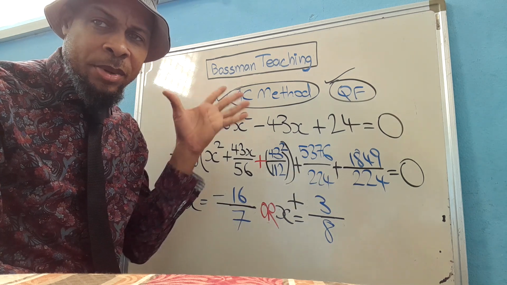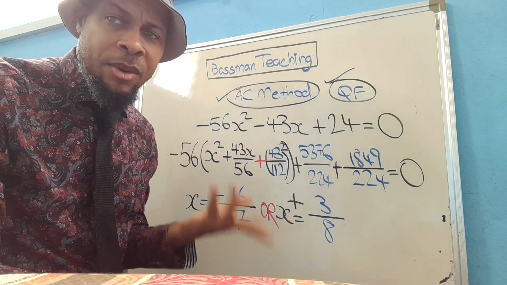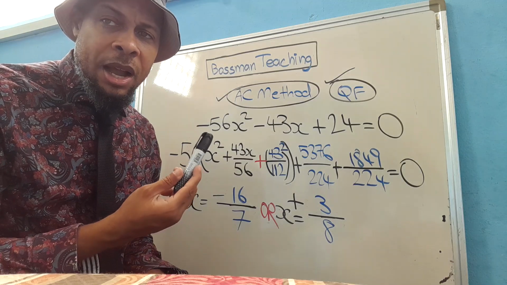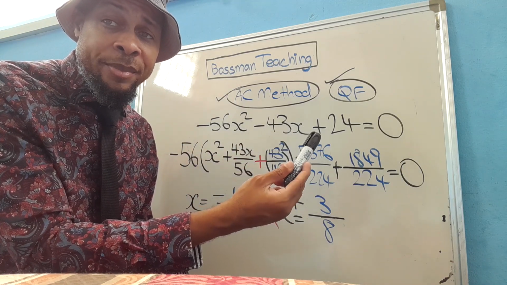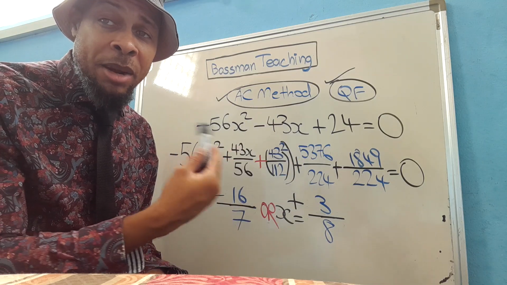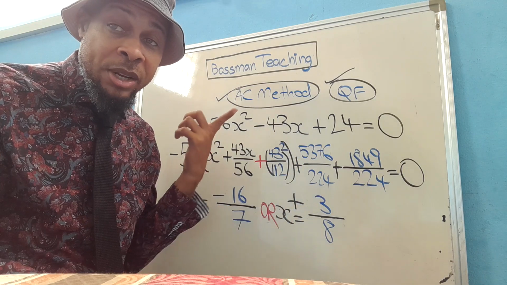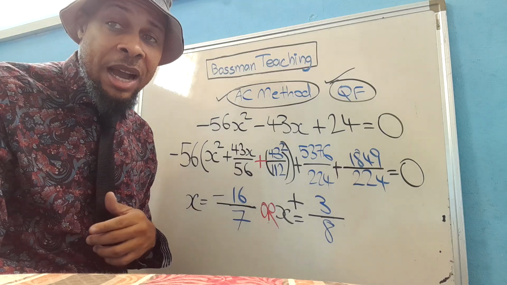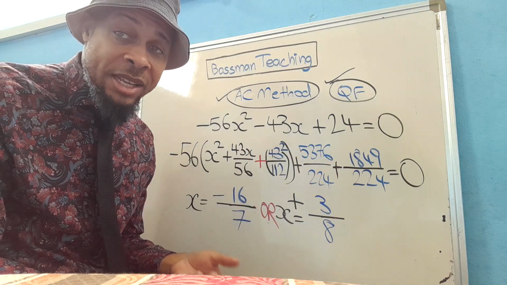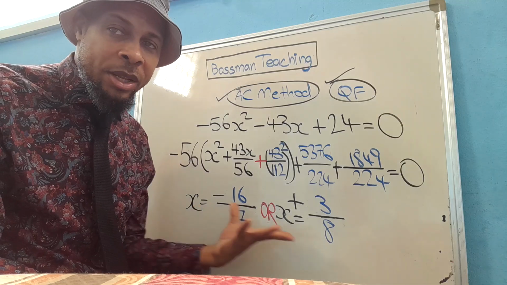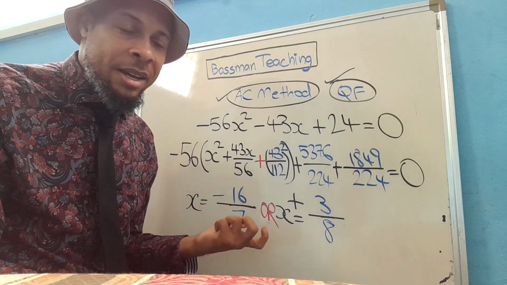So maybe I could just keep it like this and then just focus on that. Why not? So we originally had 24 minus 43x minus 56x squared. We flipped it around so it looked like this, right? And then after that we did the madness on the left, and the madness on the right, and then finally we end up with all of that.